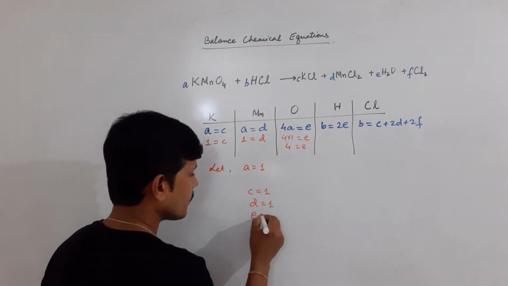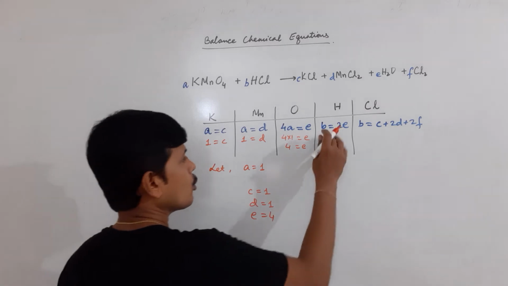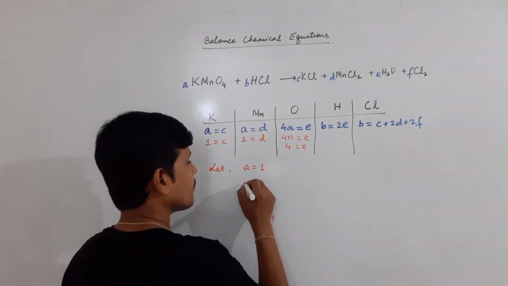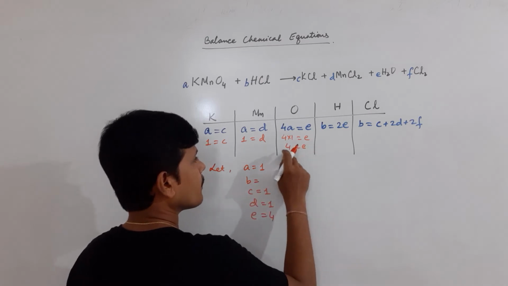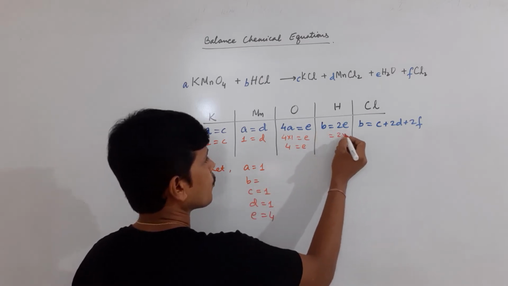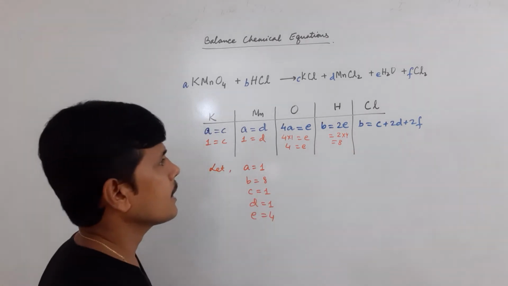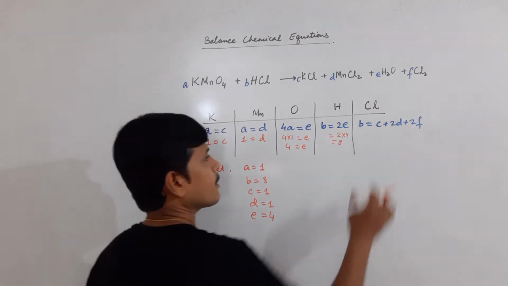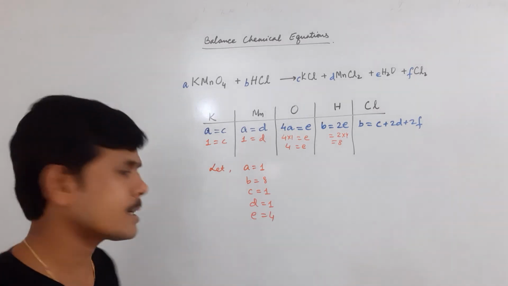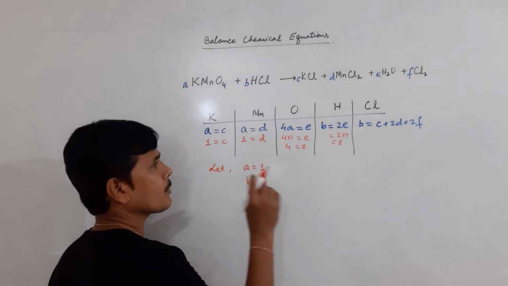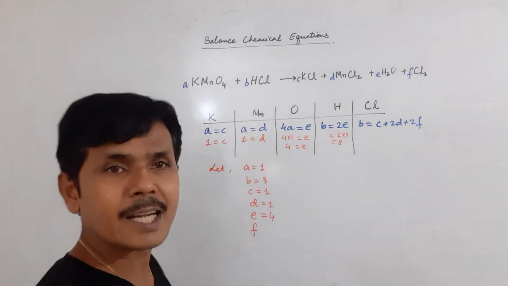So I got E equal to 4, and over here I will find the value of B because I know the value of E. E equal to how much? 4. 2 times 4 equals 8. So I am writing 8 over here. Next, let us go for finding F because we haven't found F yet. For finding F, I am going to put all the values of B, C and D over there.